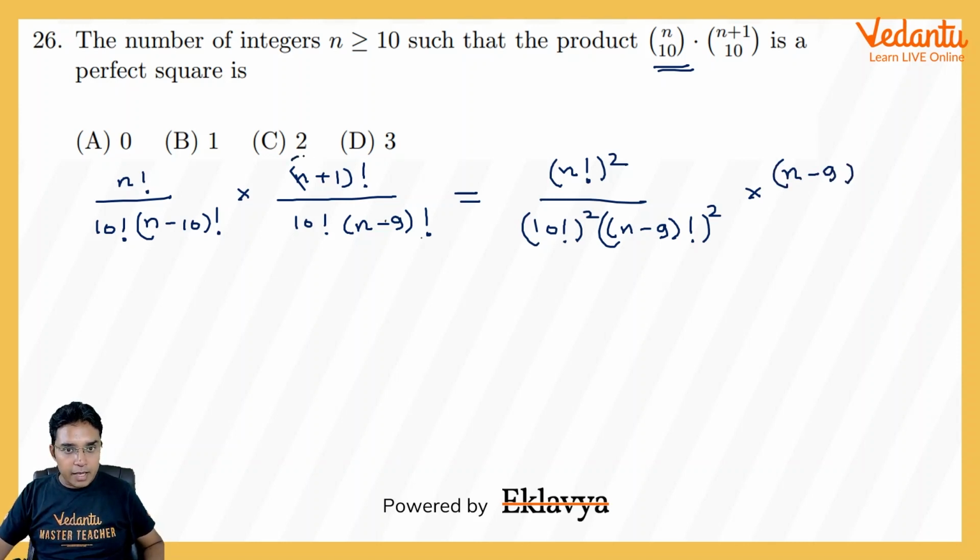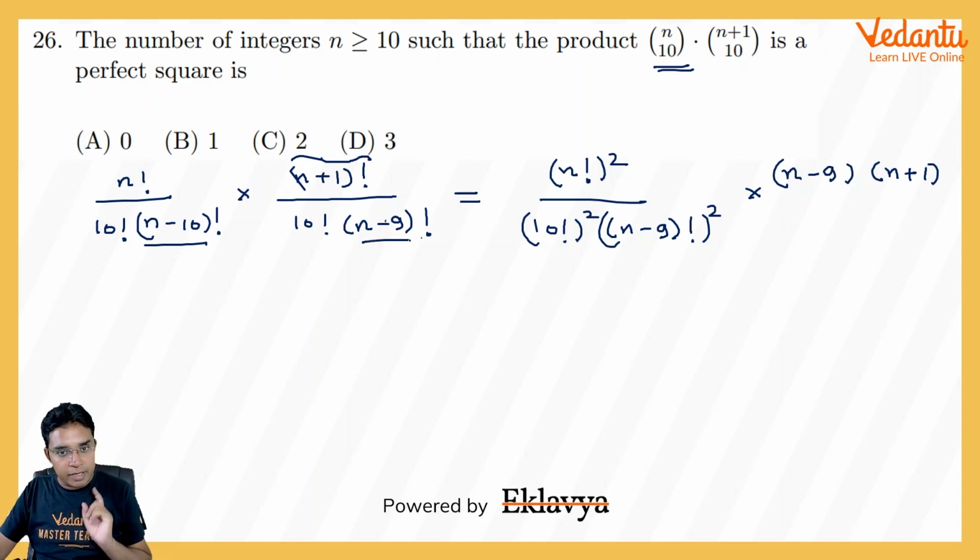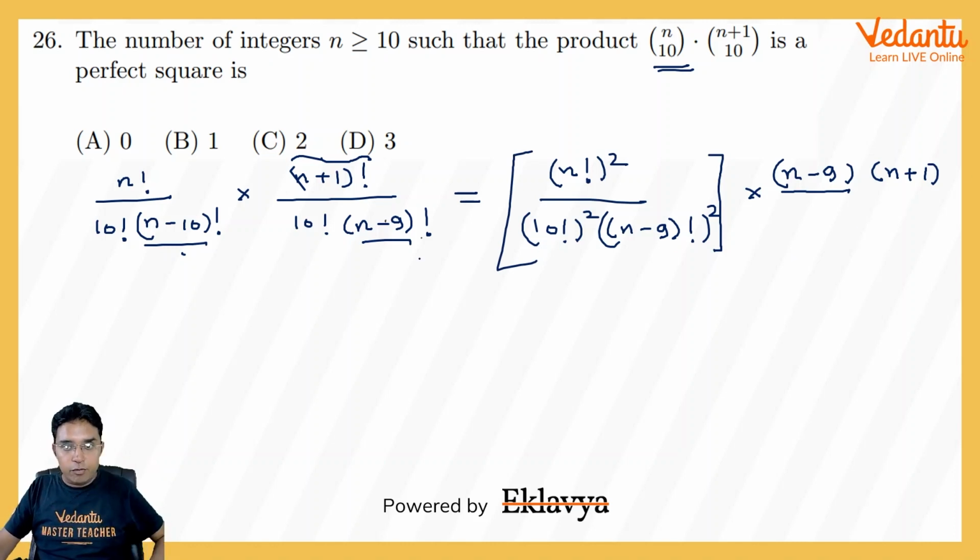This (n plus 1) factorial I have written as (n plus 1) into n factorial, and this n factorial is multiplied with the other and we get n factorial whole square. Please check this calculation. (n minus 10) is one lesser number than (n minus 9). So if I am writing (n minus 10) factorial as (n minus 9) factorial in the denominator, I have to multiply it by this. Now please see, all these numbers are perfect squares, whether they are in the numerator or in the denominator. We just have to focus on the product of these two becoming a perfect square.